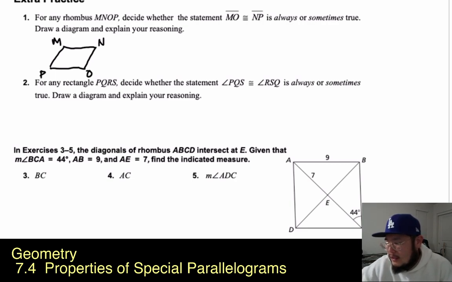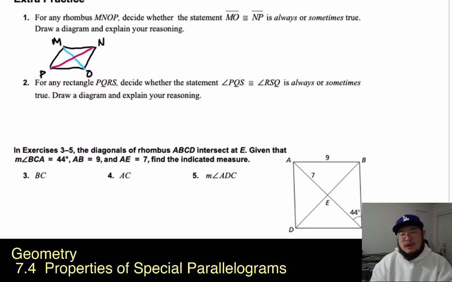So if I look at M to O and N to P, we're saying that we've got a segment going from M to O, and then we have a segment going from N to P. Are those segments true all the time?